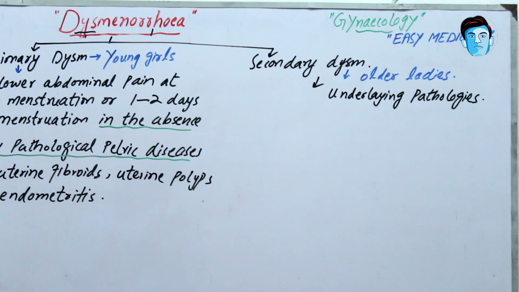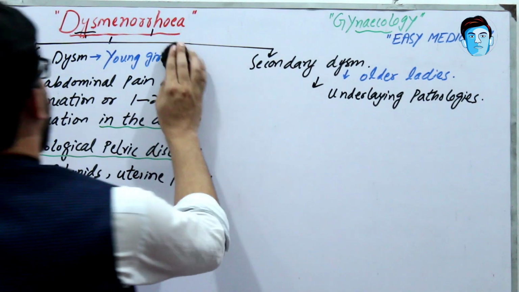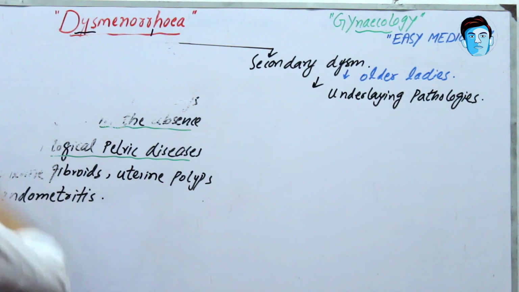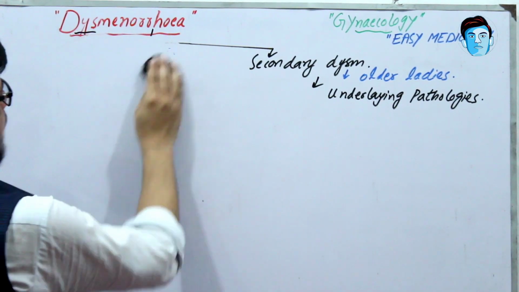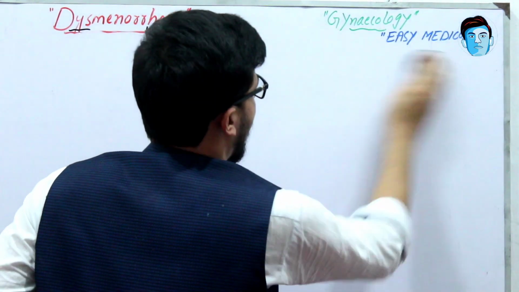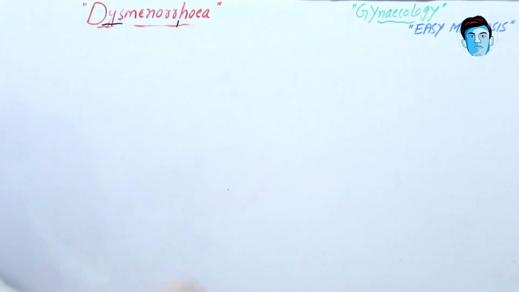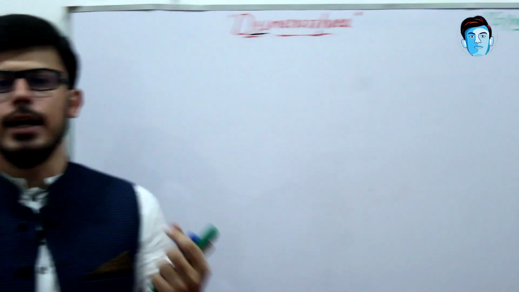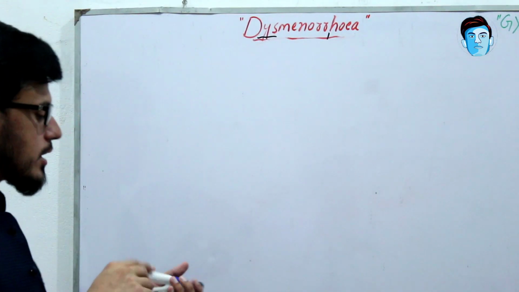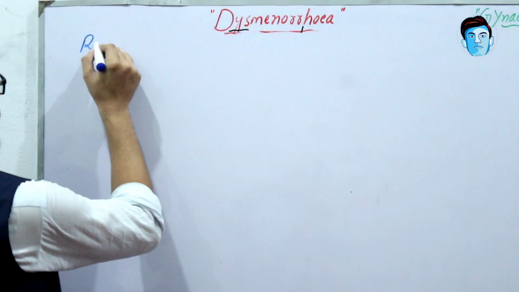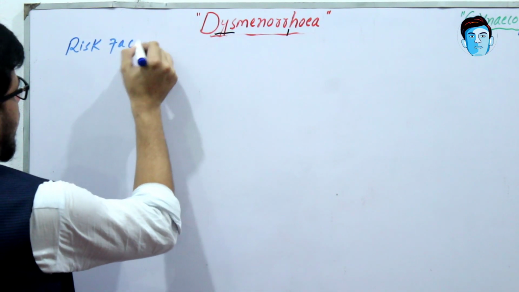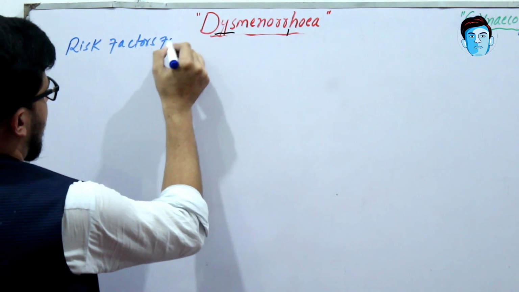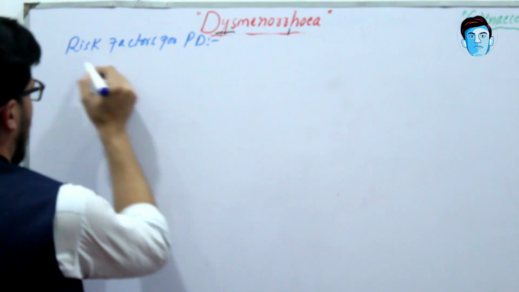Now let's discuss primary dysmenorrhea in detail. We discussed that in primary dysmenorrhea there is crampy lower abdominal pain and the absence of any pathological pelvic diseases. It means it is not associated with underlying pathologies. Now, what are the risk factors for primary dysmenorrhea?